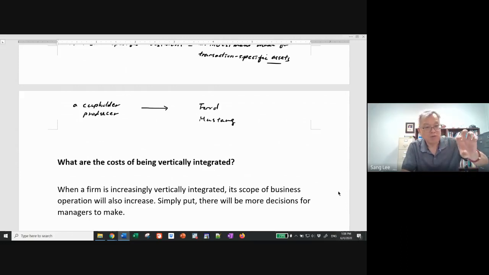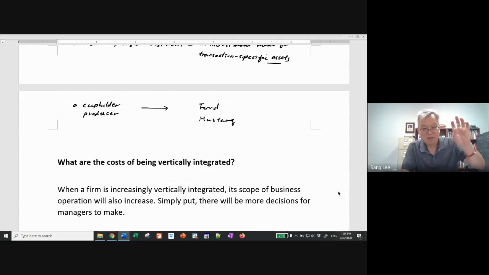So even before this cup holder producer produced the first cup holder for the Mustang, it had to make a lot of transaction specific investment, because that investment was made specifically for a transaction specific product, the cup holder for the Mustang. So in good faith, this cup holder producer made such a transaction specific investment.